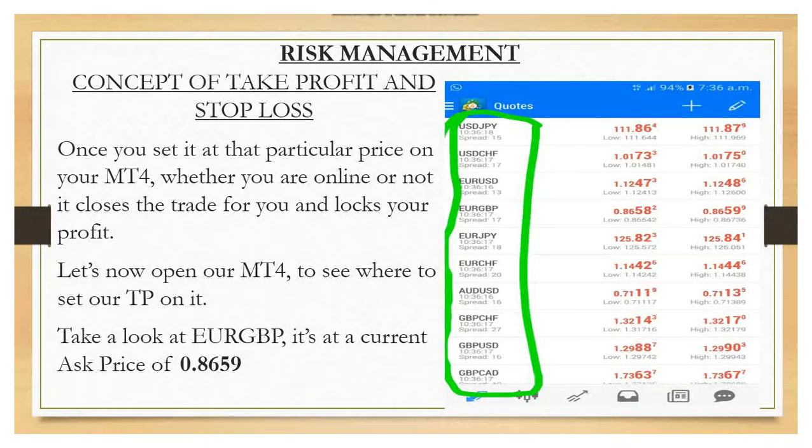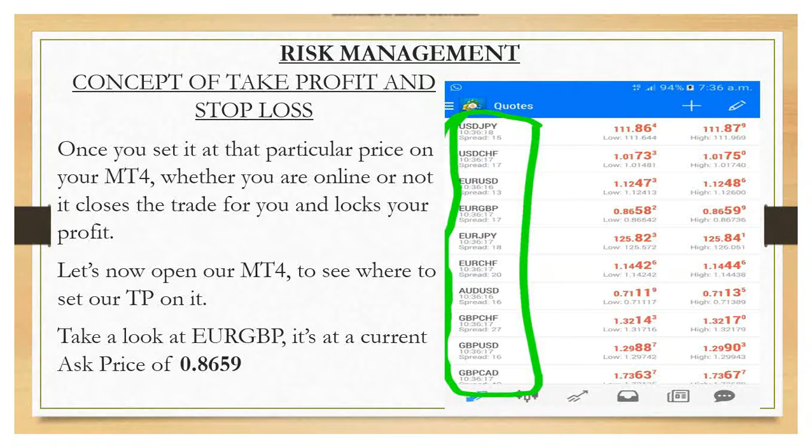Once you set it at that particular price on your MT4, whether you are online or not, it closes the trade for you and locks your profit. Let us now open our MT4 to see where to set our take profit on it.